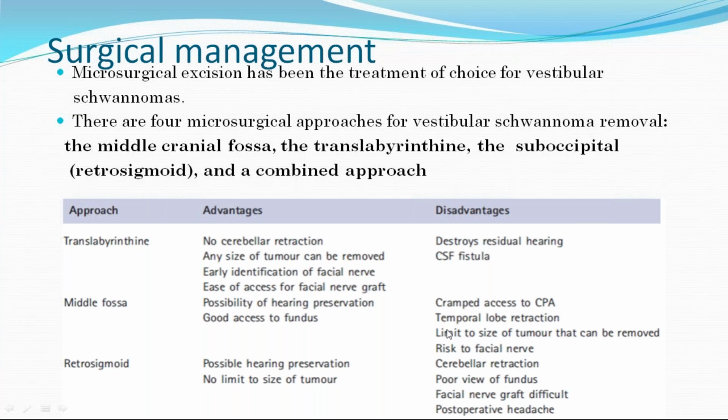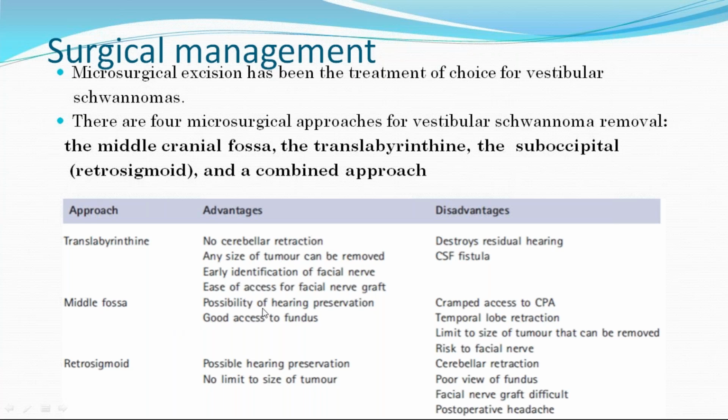But now there are surgeons doing a conservative translabyrinthine approach where they isolate the cochlea and only take out the vestibule, thereby preserving some amount of hearing. And CSF leak is a major headache in a translabyrinthine.